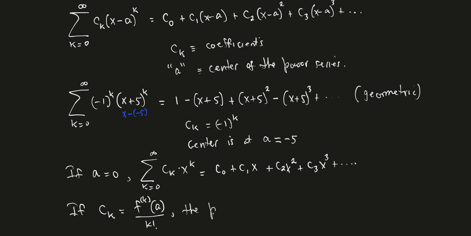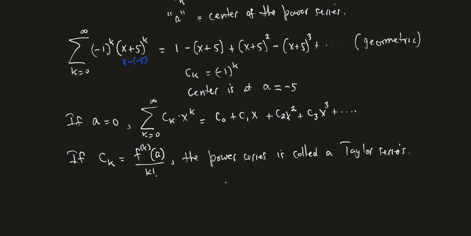So the power series is also called a Taylor series, right? And then if a is equal to 0, then the Taylor series is known as a Maclaurin series.